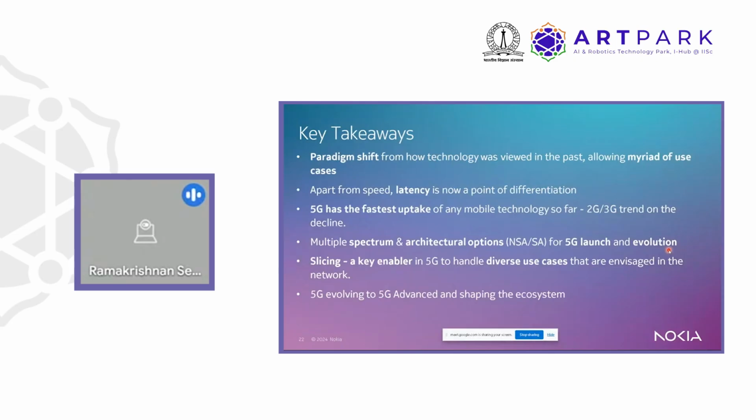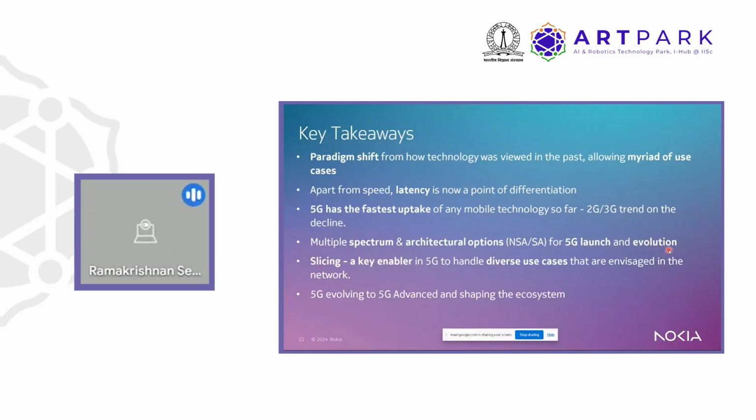So, key takeaways: the paradigm shift we see from the past is allowing lots of use cases to be deployed or at least envisioned. Apart from speed, latency is now a very interesting point for differentiation because of the way XR and other use cases are going to evolve. 5G has seen the fastest uptake compared to other mobile technologies, and the 2G and 3G trend is on the decline as of now.